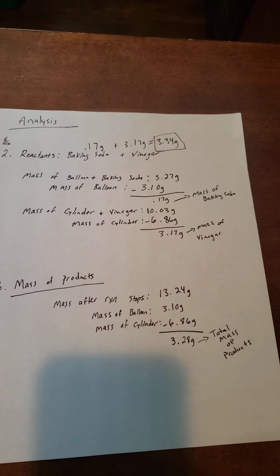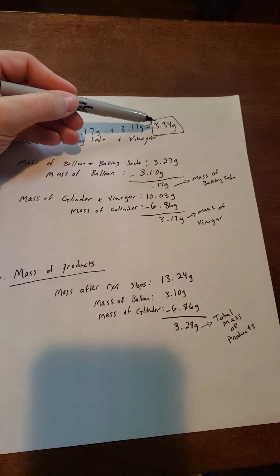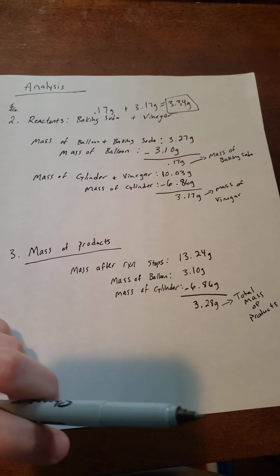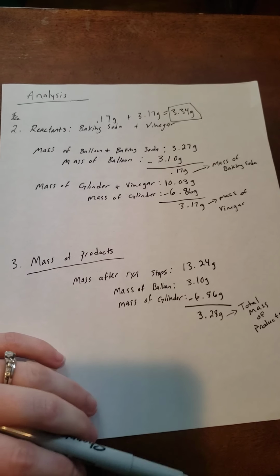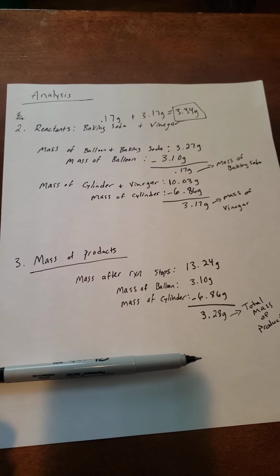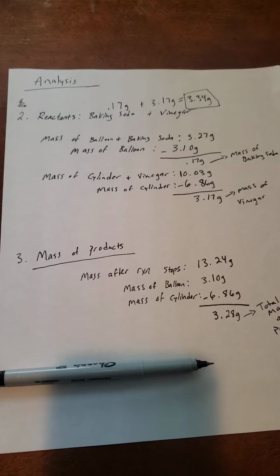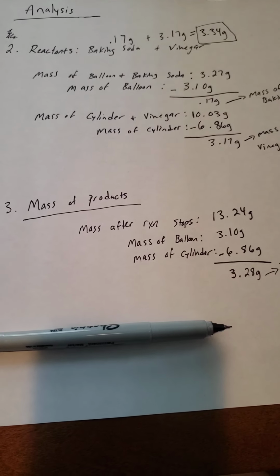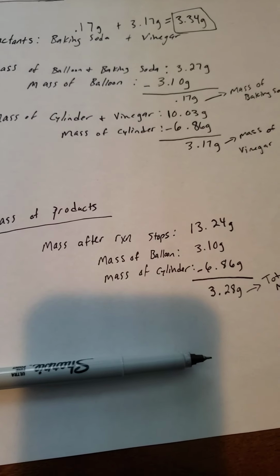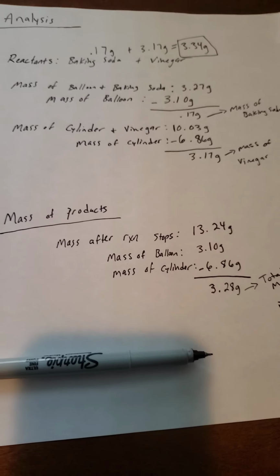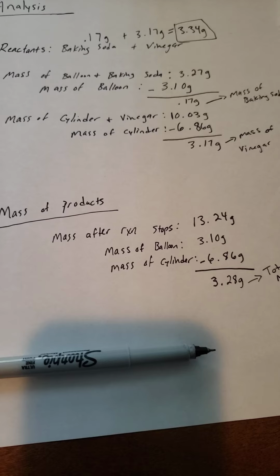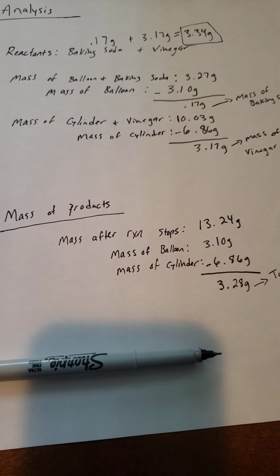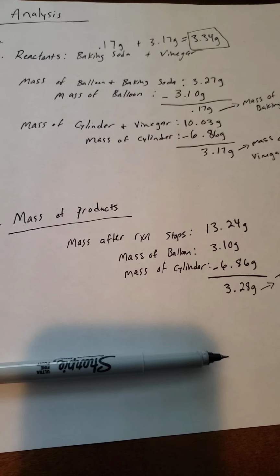I'll just back it up so you guys can see the whole thing at once. So we're comparing this number to this number down here. So it's pretty close. 3.34 grams is very close to 3.28 grams. So one of the questions is, if you see some discrepancy in the numbers, what do you think could have happened there? And so a number of things could have happened. There could have been error when you were measuring on the scale.